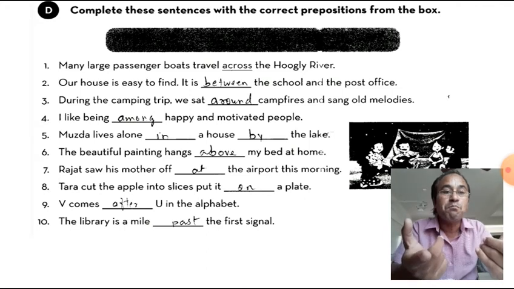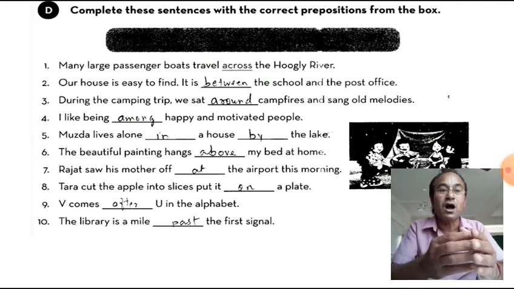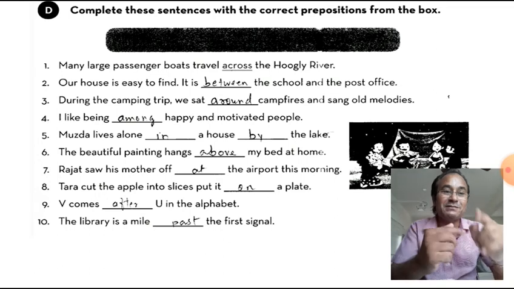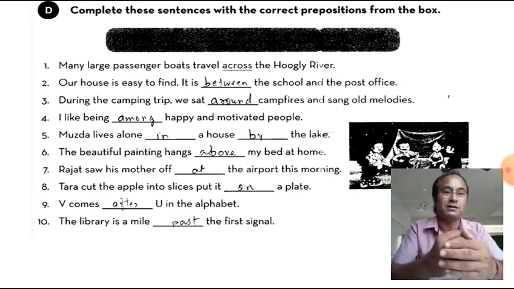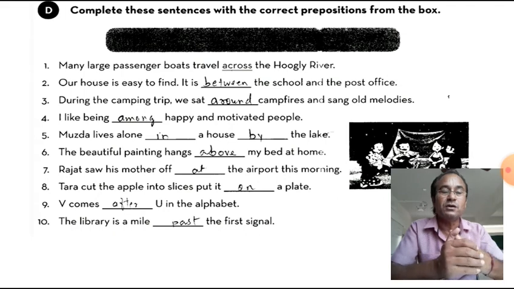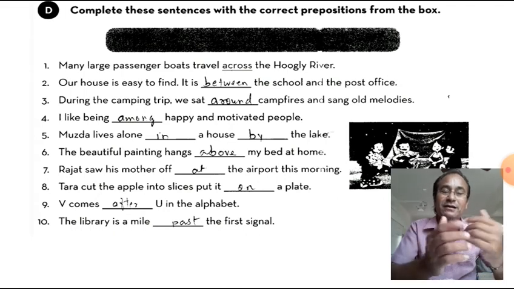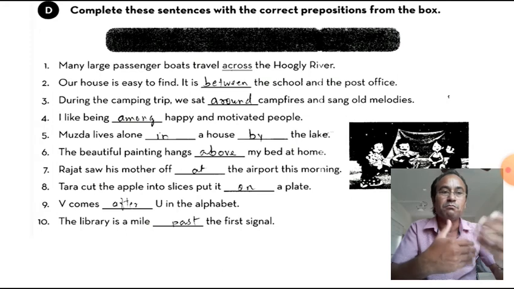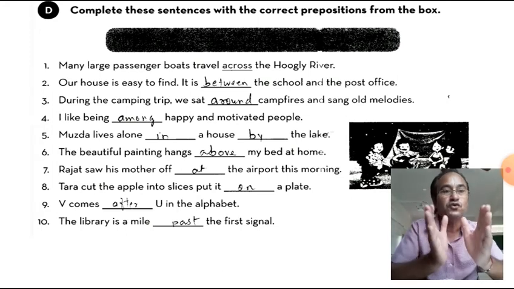So where does she live? Beside the lake. It shows place here, and in also shows place. So by is also multipurpose, multi-functional. You must come to school by 10 o'clock, before the time, by. I wrote the letter; the letter was written by me. By, that is, something is done by someone, at that time we use by.